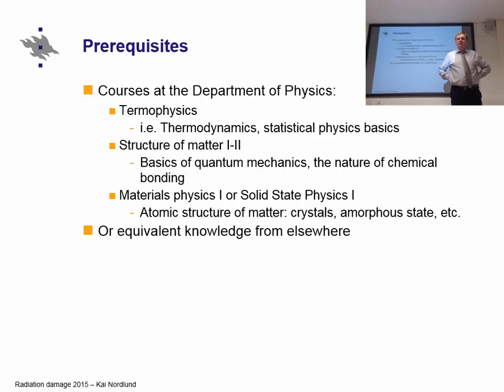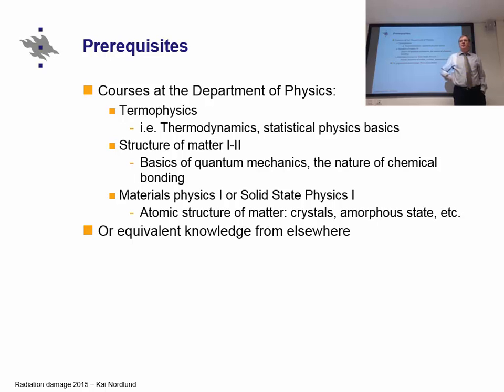So what do you need to be able to absorb this material? Well, this is a physics course. Depending on country and system you are in, this will be for third, fourth, or fifth year physics university students. So we assume a good deal of pre-knowledge. Basically, in addition to the basic physics, like first year courses, one should know the basics of thermodynamics and statistical physics, and the basics of quantum mechanics.